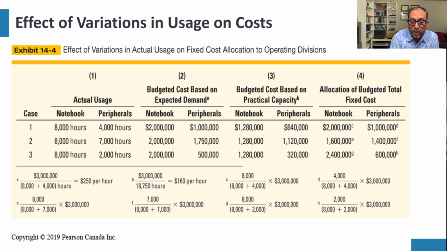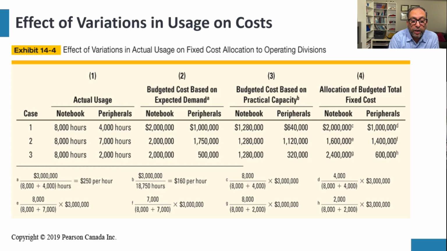So we are dividing basically the 3 million cost among these, and then we multiply 250 with 7,000 hours, so 1,750. So we see this is the way it works for budgeted cost based on expected demand.